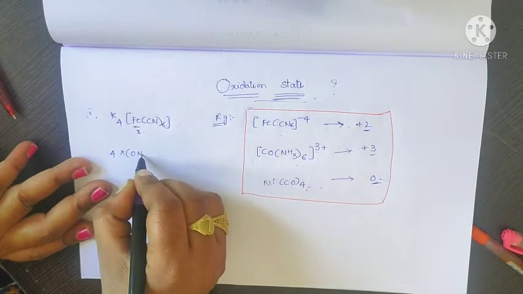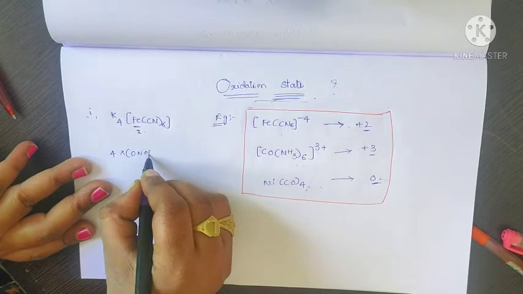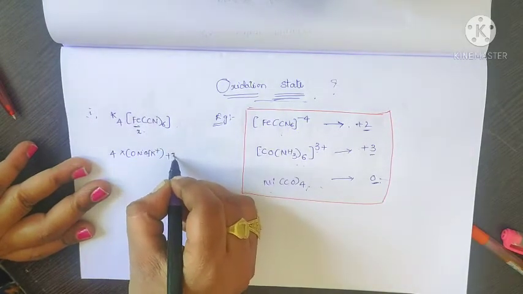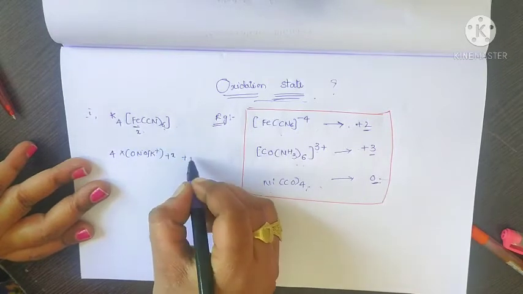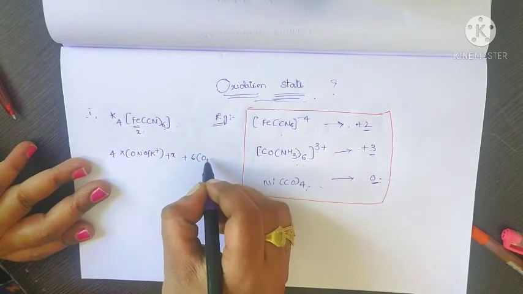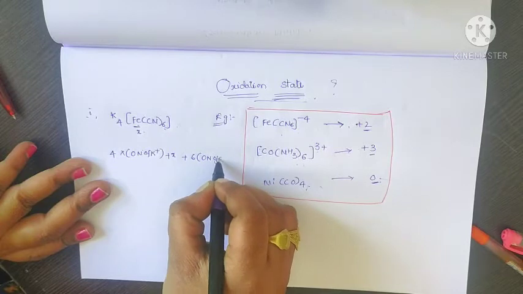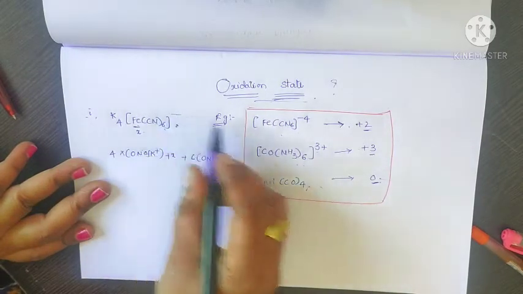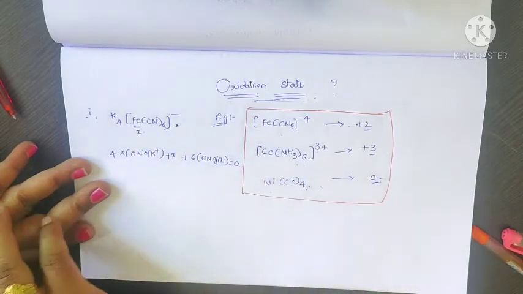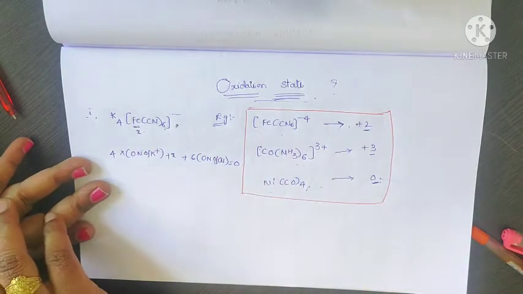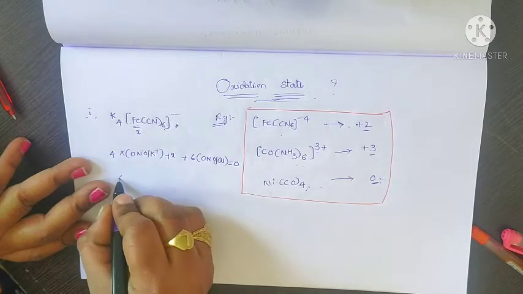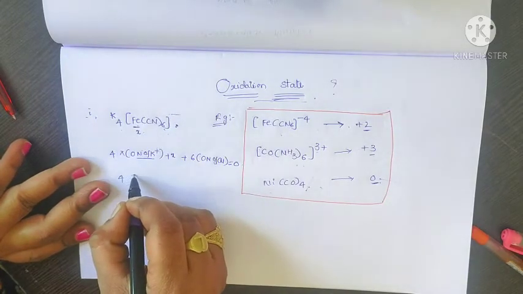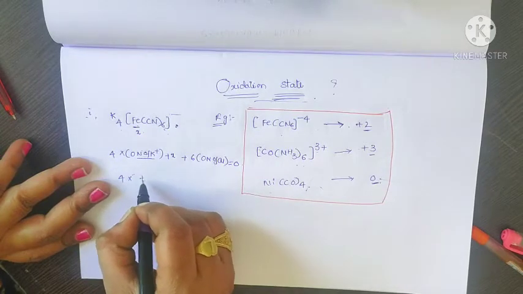The oxidation state of ferrous ion is to be X. And the number of cyanide ions is 6. These are ligands. So 4 into oxidation number of K plus X plus 6 into oxidation number of ligands equals 0. There is no charge on the complex, so that equals 0.